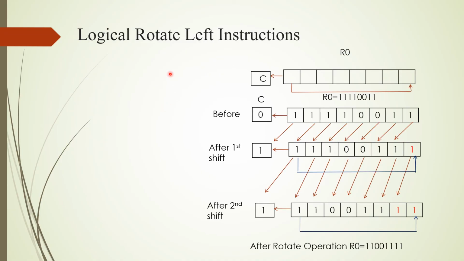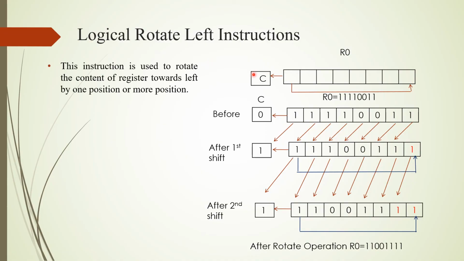Logical rotate left instruction. This instruction is used to rotate the content of a register towards the left by one position or more positions as defined in the instruction. The highest bit is copied into both the carry flag and also into the lowest bit.